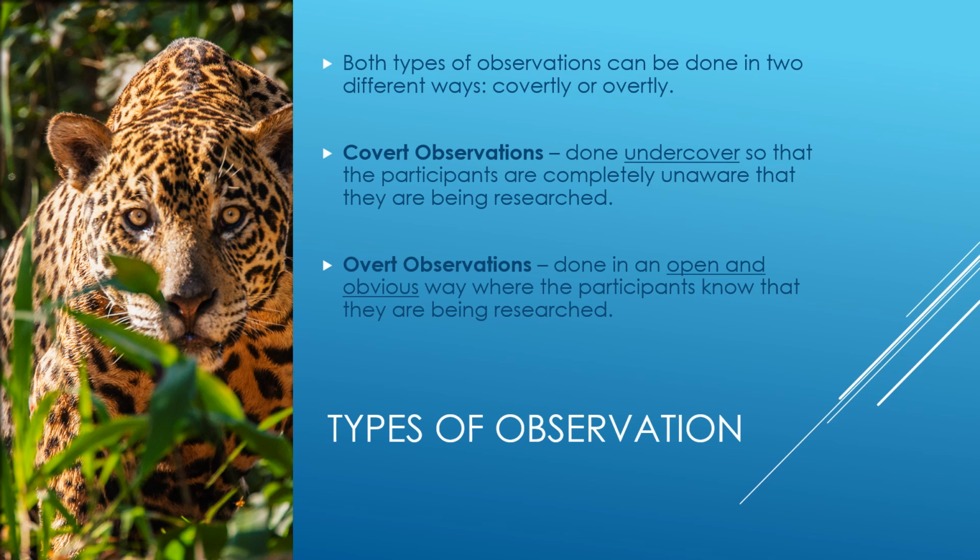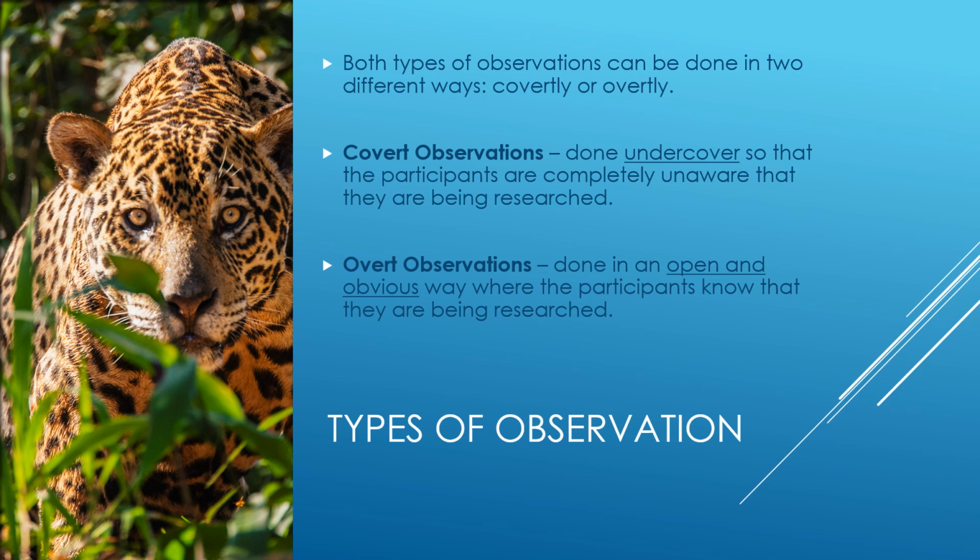You could also use like a one-way mirror, like you see in the movies. That can be used so the participants don't know they're being watched, and you can observe their behavior that way. Can't do that with participant observation, obviously, because they need to know you're there because you're joining in. But with non-participant observation, you can use these kind of bits of technology to help you do it.